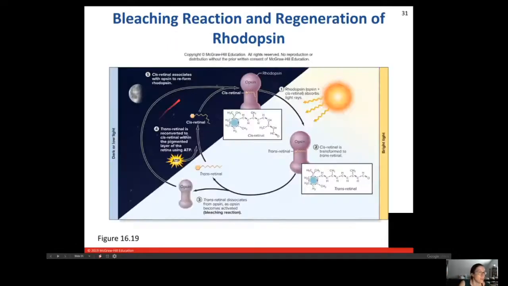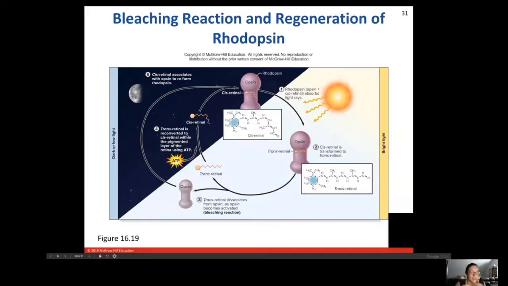We can see this right here. In the dark, our rhodopsin is all together. We have the cis-retinol that has this little bend in it. When the light comes in at the correct wavelength for rhodopsin, our retinol is going to absorb the light rays, straighten out that kink, and change the cis-retinol into trans-retinol.